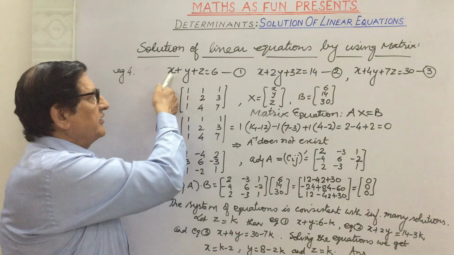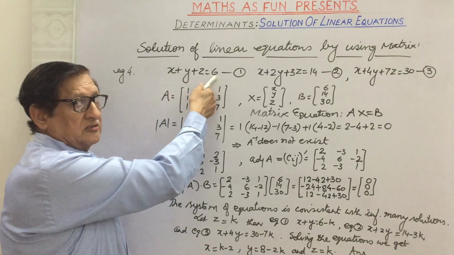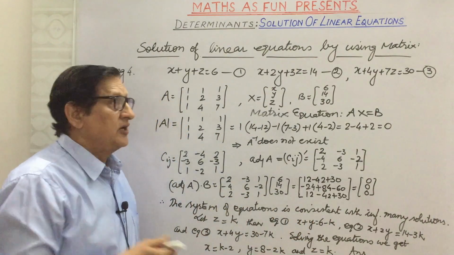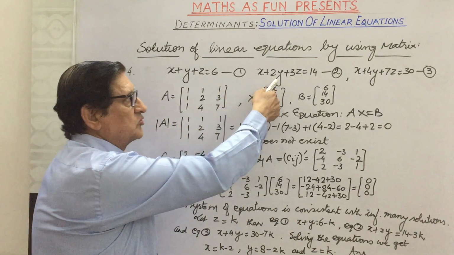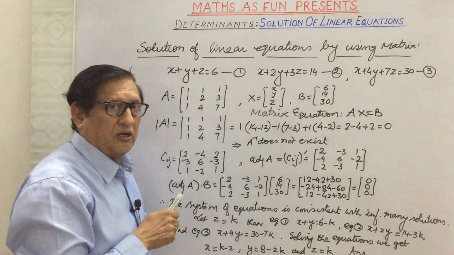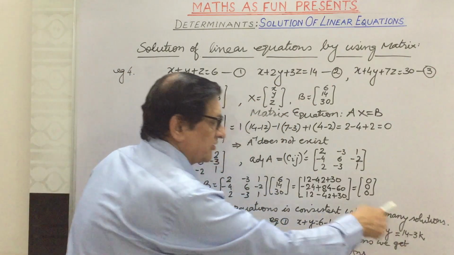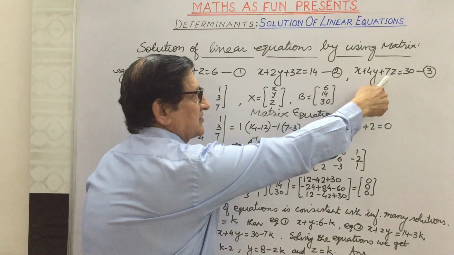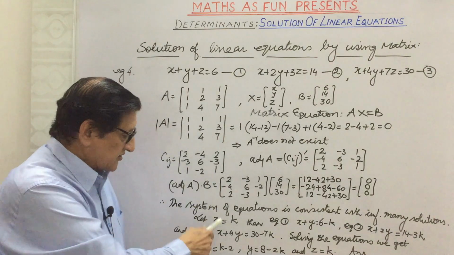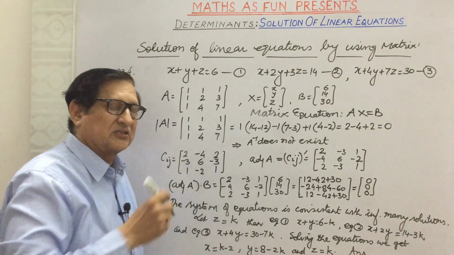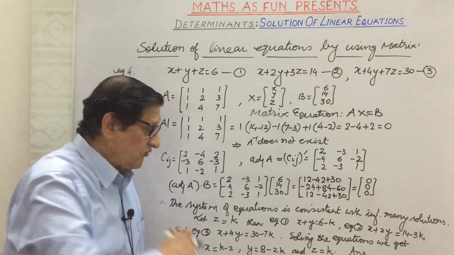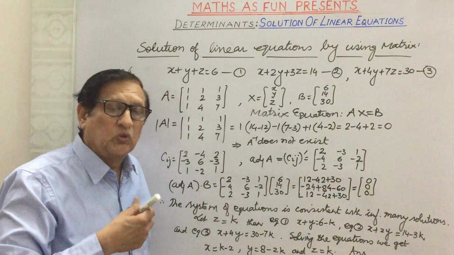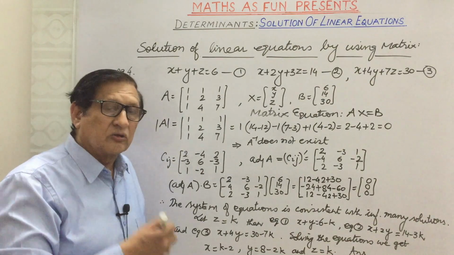From the first we are getting x plus y plus k equal to 6, or x plus y equal to 6 minus k. From the second equation we get x plus 2y plus 3k equal to 14, or x plus 2y is equal to 14 minus 3k. From the third we get x plus 4y plus 7k equal to 30, or x plus 4y equal to 30 minus 7k. And now we are getting a system of equations in 2 variables, and that is also linear equations.